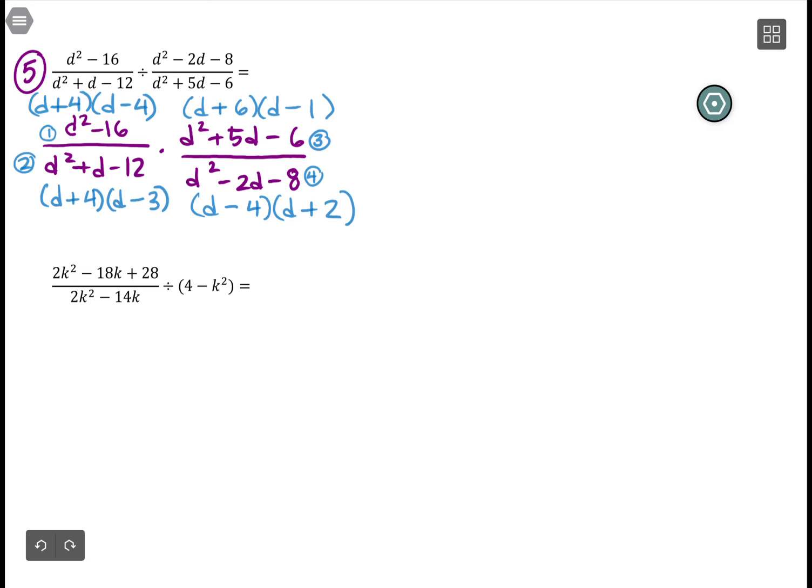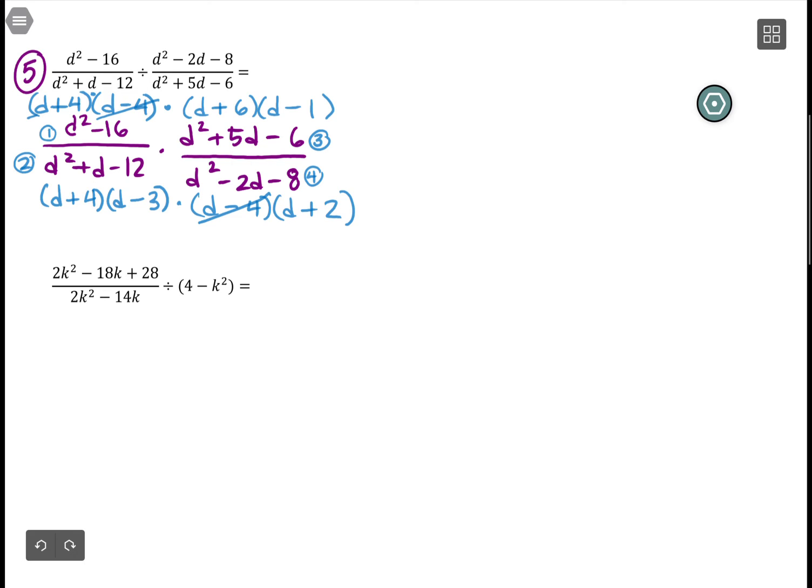Okay, so now that everything is factored, I've written every piece of this as a product. All we have is multiplication and division, as long as we don't start trying to single things out inside the parentheses. I can finally cancel. If I am multiplying by d minus 4, it's attached to everything by multiplication, and I'm dividing by d minus 4, that cancels.